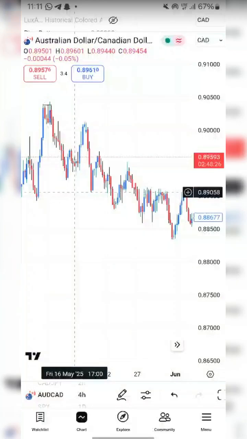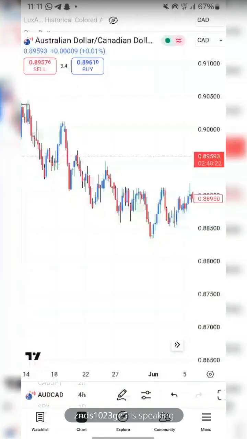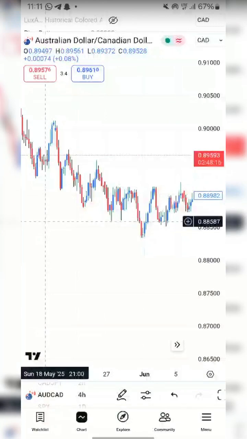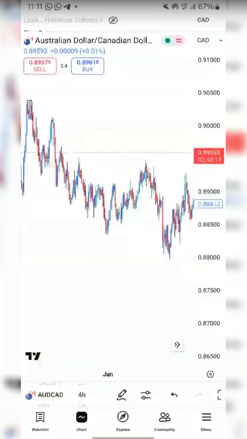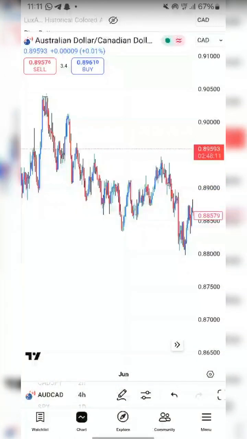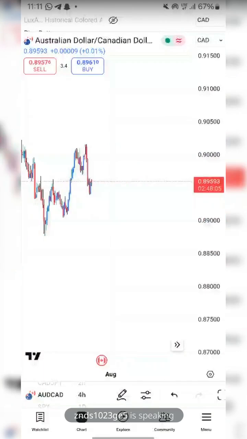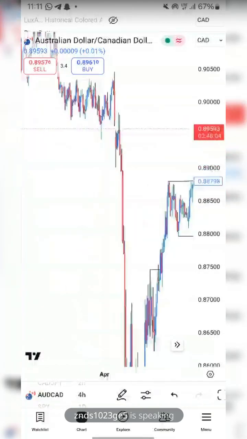Then another break of structure here, from here to here. Another one here to this down. So what does it mean? It means that this point is a downtrend. You understand?